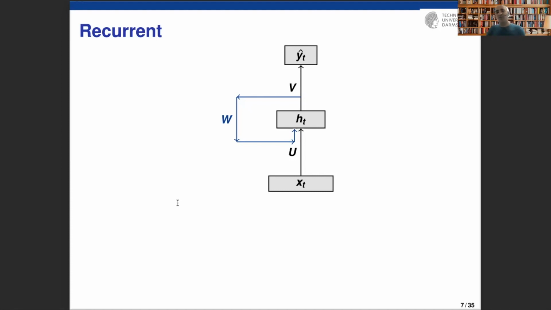We use matrix U to map that to the hidden state, and then we use the hidden state and transform that to the output vector by matrix V. And what is important to know is that the hidden state at each time step is computed based on two input vectors: the value of the hidden state from the previous step and the current token representation at the current step.